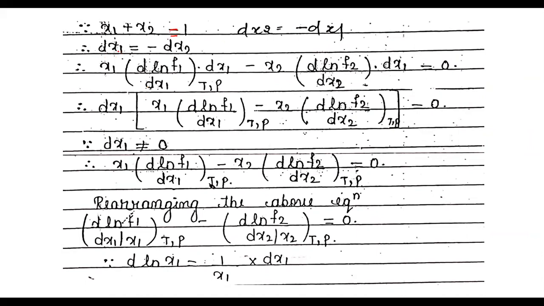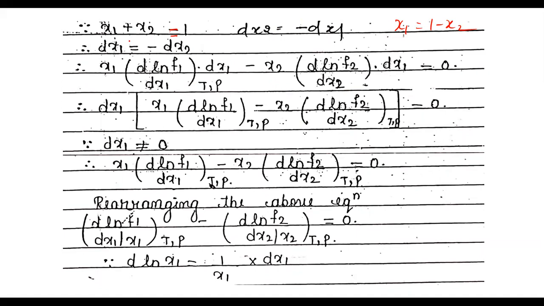Therefore, we can write dx1 equal to minus dx2 here. How is it? Because x1 is equal to 1 minus x2.